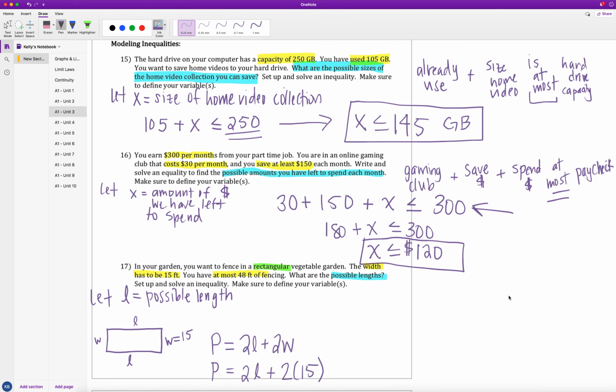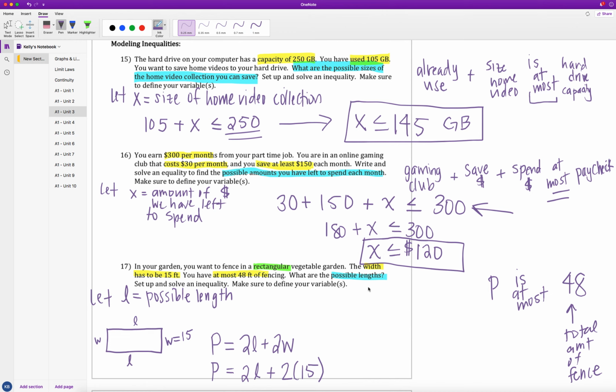Now what we're given in this scenario is that the perimeter is at most 48 feet. Because if my perimeter is bigger than 48, then I do not have enough fencing. So the perimeter here, P, is at most 48, since this is the total amount of fencing that we have, and I can't create an area with more fencing than I have.